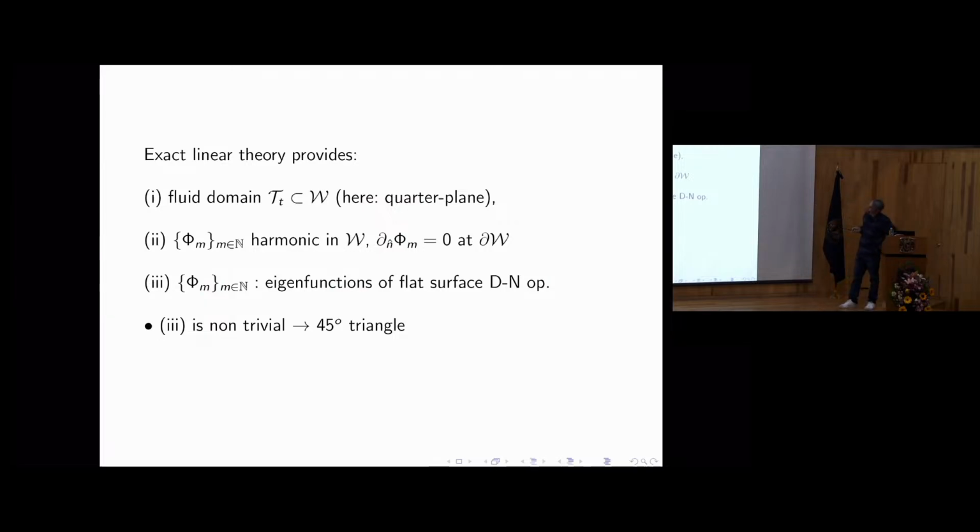And also, the less trivial thing is that we have this family of harmonic functions that are also eigenfunctions of this Dirichlet-Neumann operator. So when we take the normal derivative at what we call the free surface, they also satisfy this eigenvalue problem.